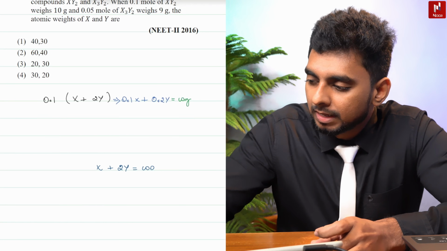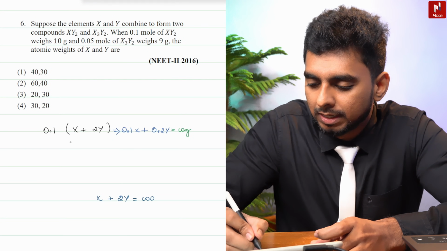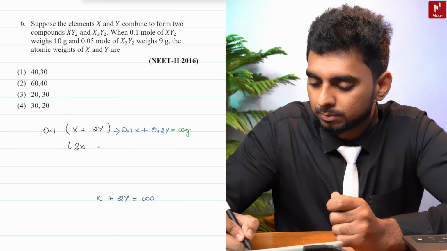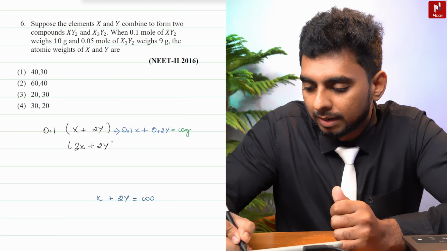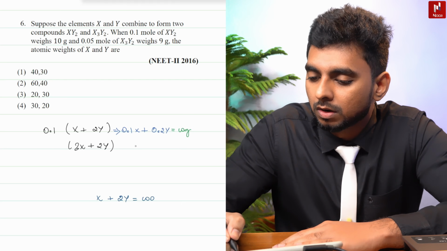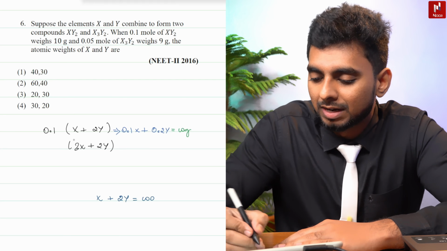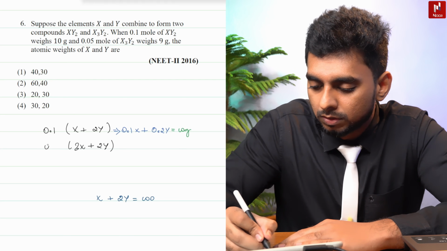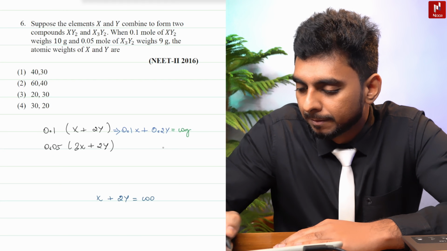Same way, then they have given us X3Y2, isn't it? For X3Y2, I'll have to do it the same way. You will have 3 moles of X, and same way you'll have 2 moles of Y element. Got it? Here also I have taken 0.05 mole. Therefore, I'll have to multiply 0.05 before it, which will give you 0.05 times 3X and something like this, right?